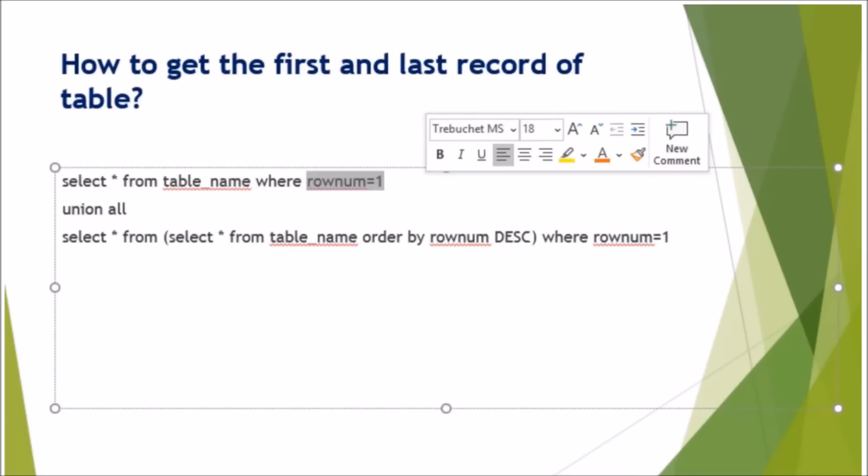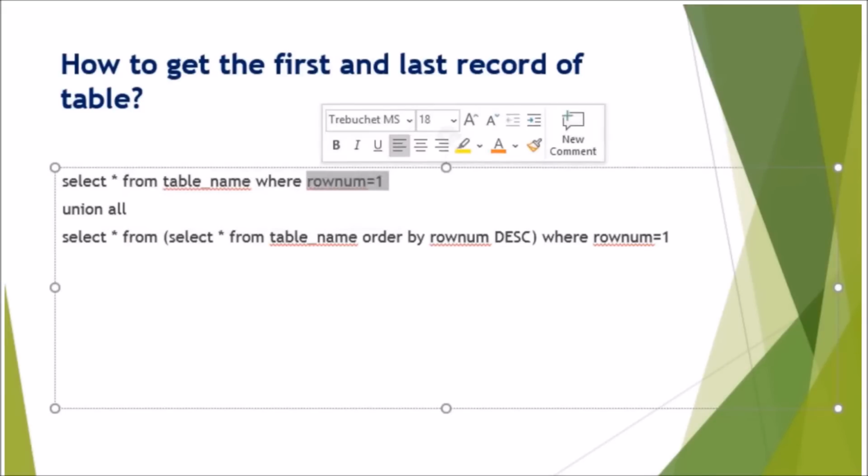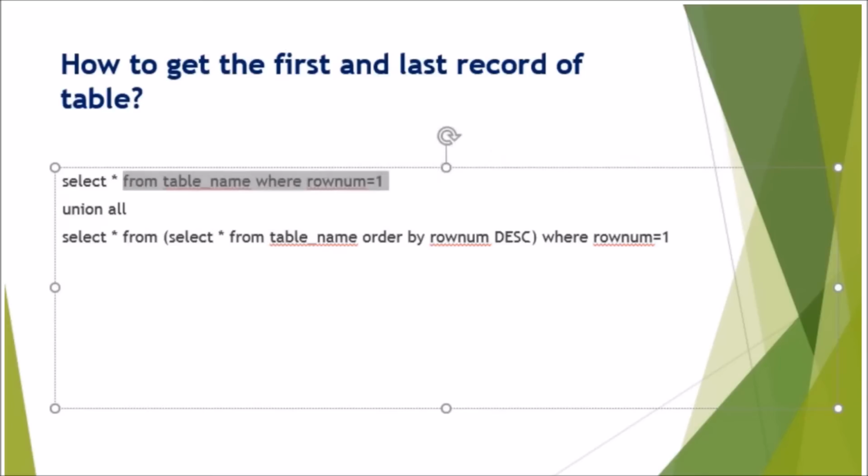Likewise, for all 20 records it gives a sequence incrementing by 1 for every record. So I am selecting here rownum equals 1, so it will display the first record of a table.